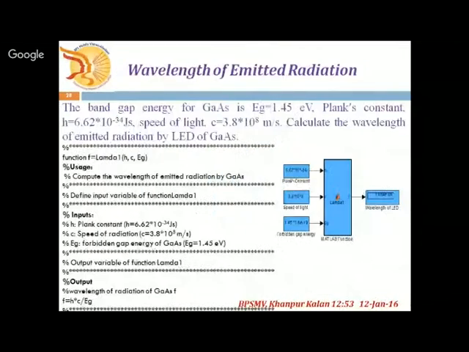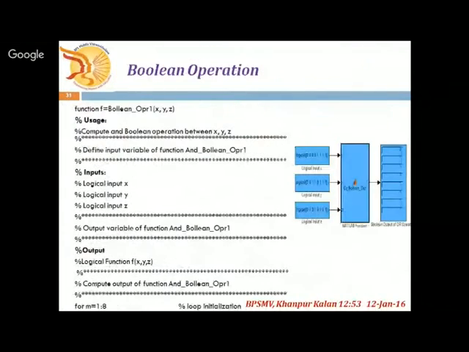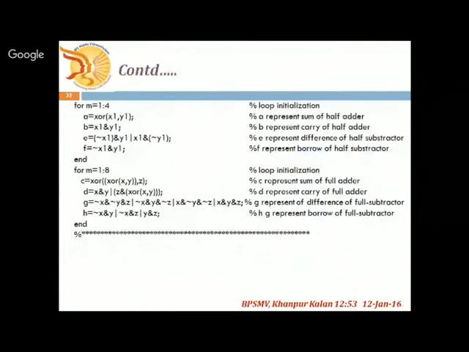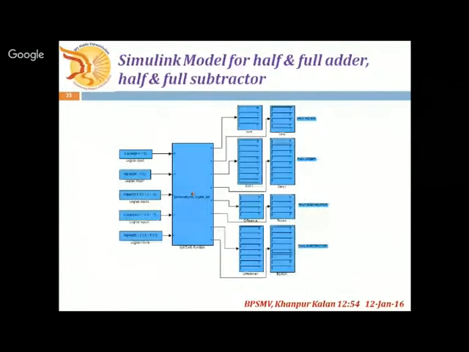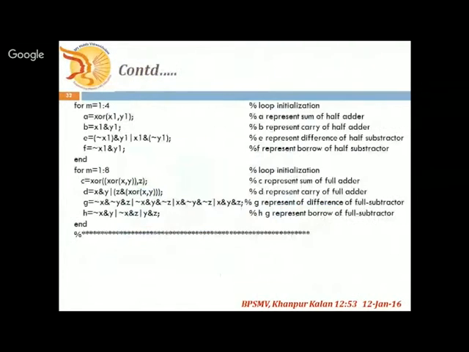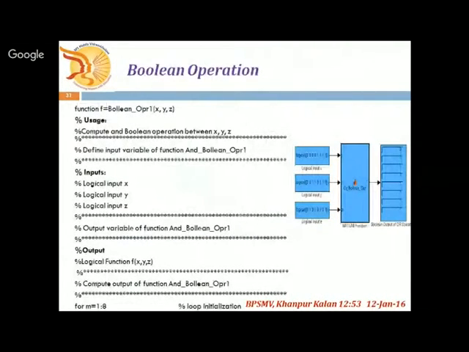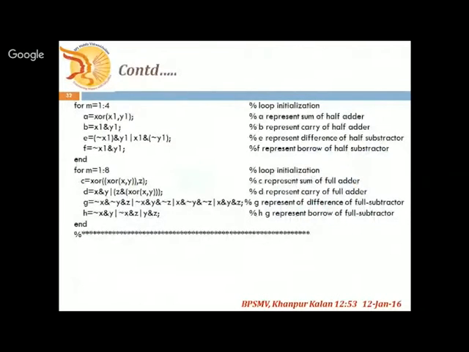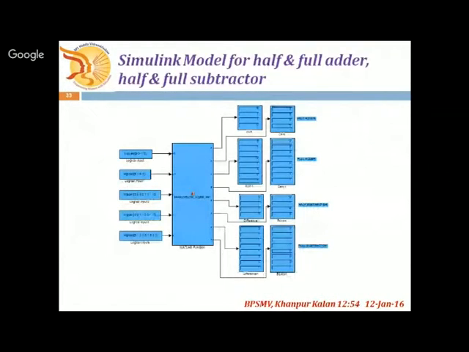So in case of all examples, any kind of problem, you have to proceed in the same way. This is an example of how to realize half adder, full adder, half subtractor and full subtractor.